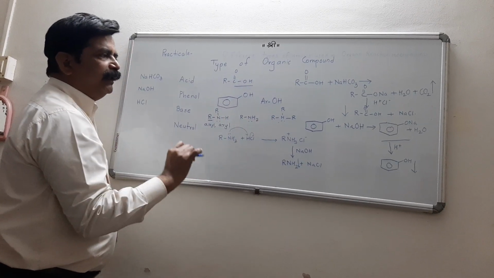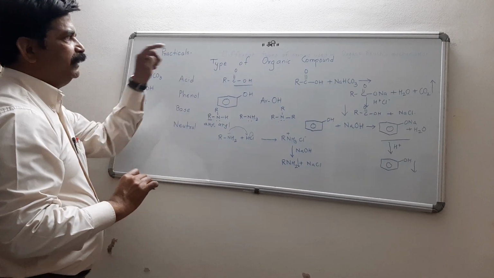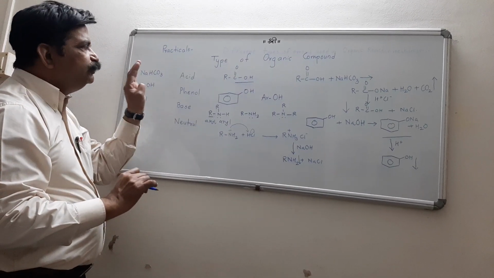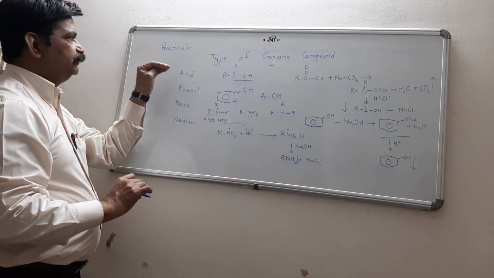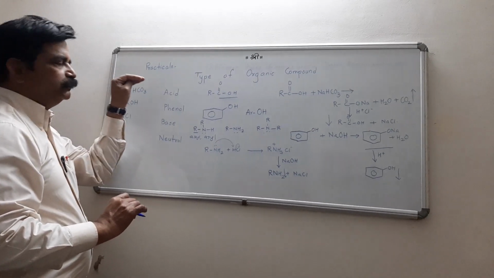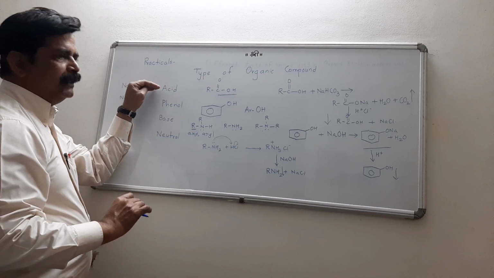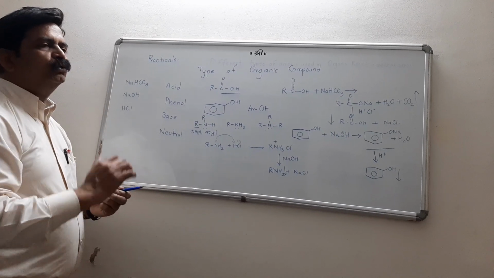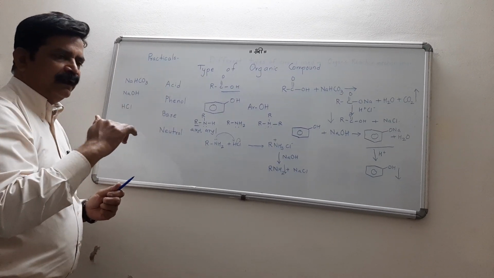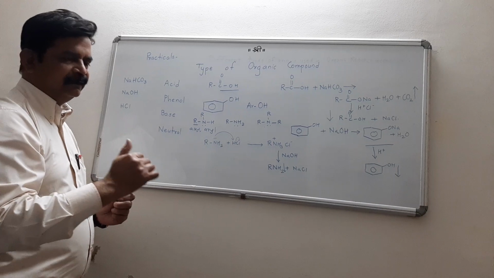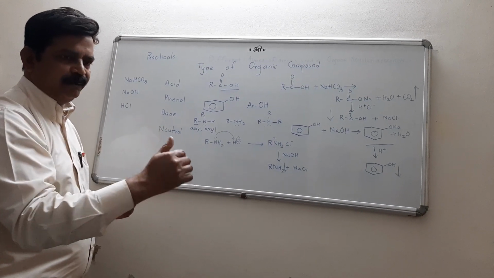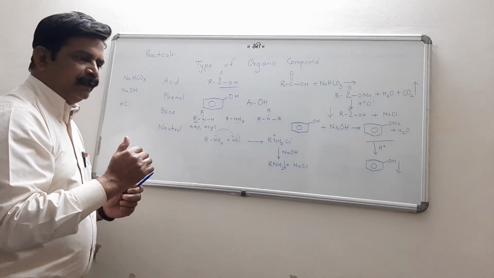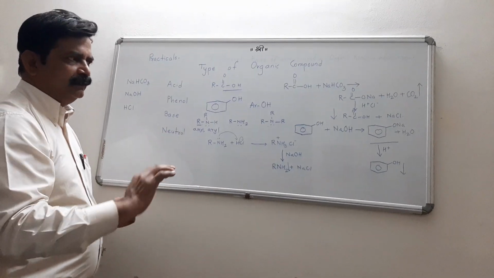So the basic theory of detection of type of organic compounds is choose a reagent in which one type of compound is reacting and dissolving, and to it add the exactly opposite reagent by which it reprecipitates. So we can filter it, we can reprecipitate it, and we can get it.